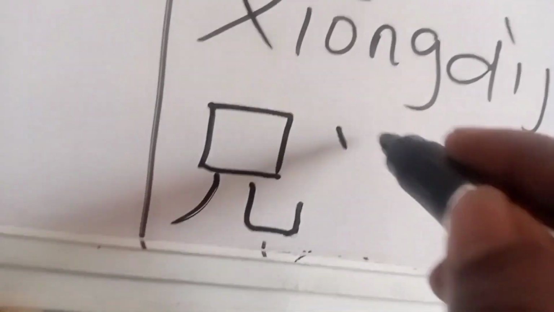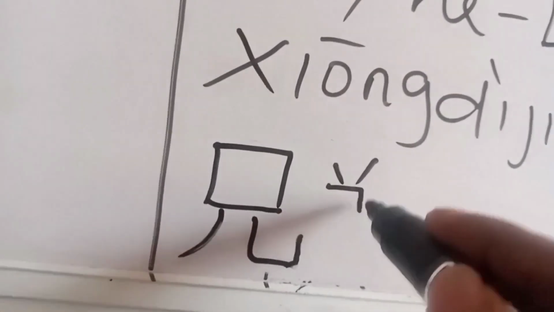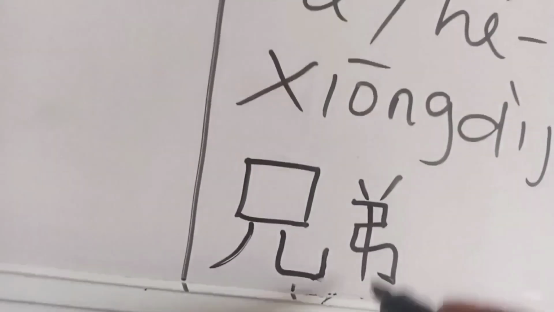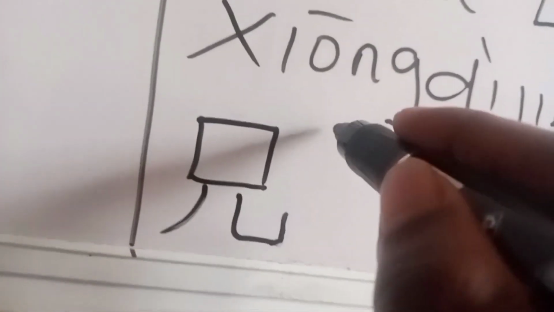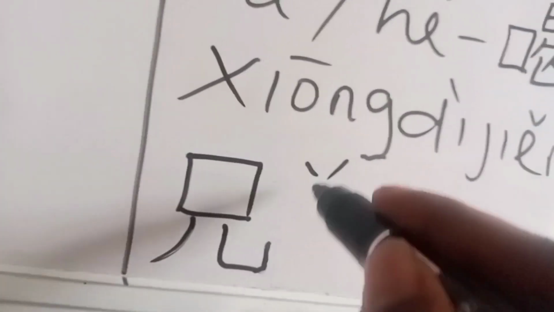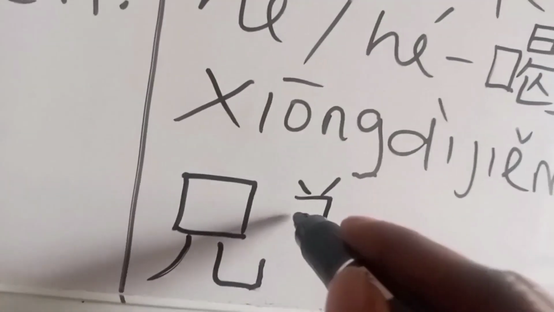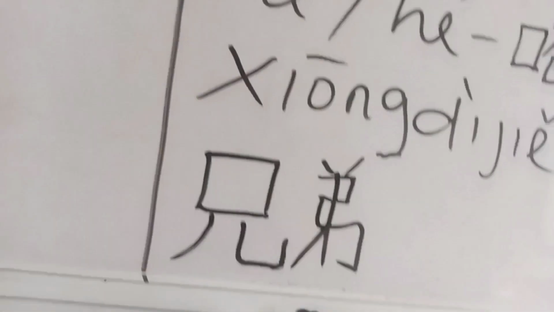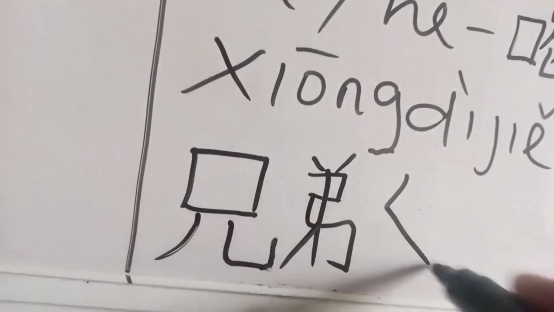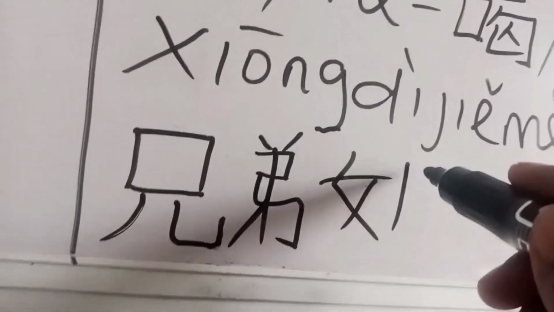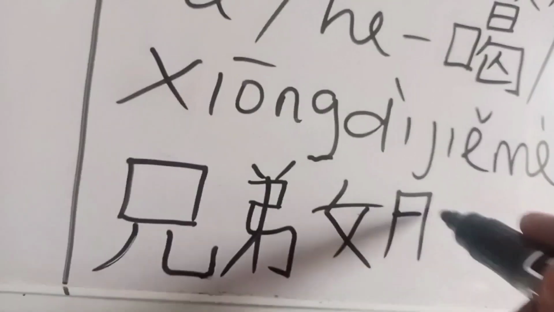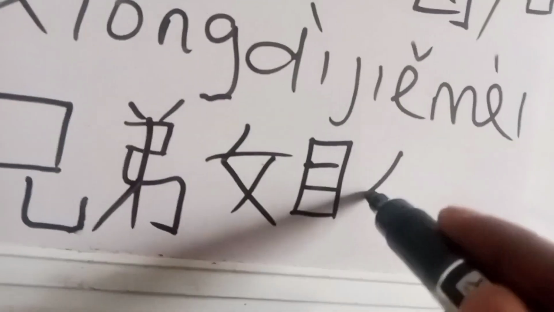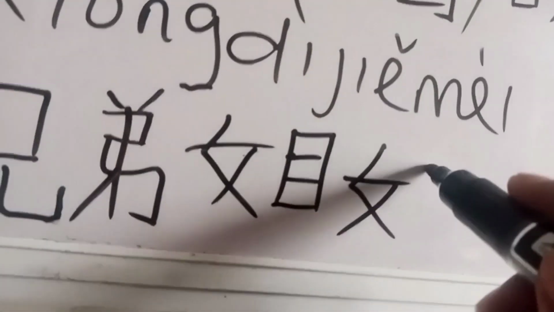This is di, not new. We wrote it up there. Jie is also not new. Mei is also not new.